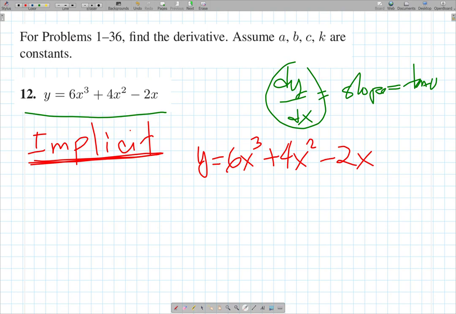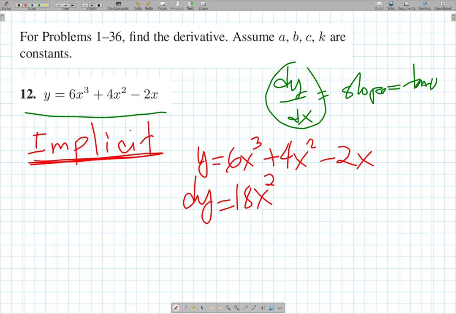The derivative of y is dy, equals the derivative of 6x cubed. In our steps, 3 times 6 is 18. Copy x, and then the exponent is 3 minus 1, that is equal to 2. The next is plus, and then likewise, the exponent times 4 is equal to 8. Then copy the variable x.